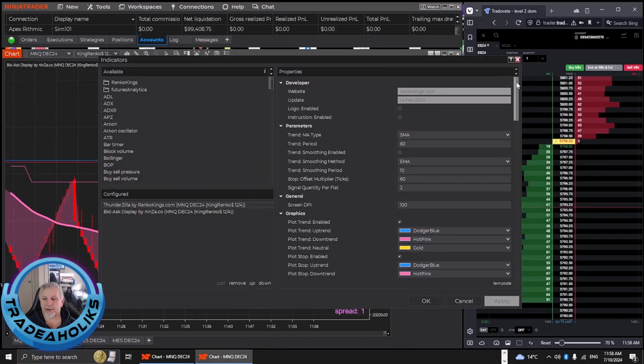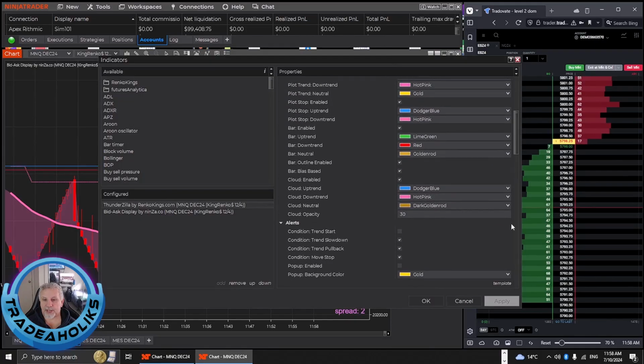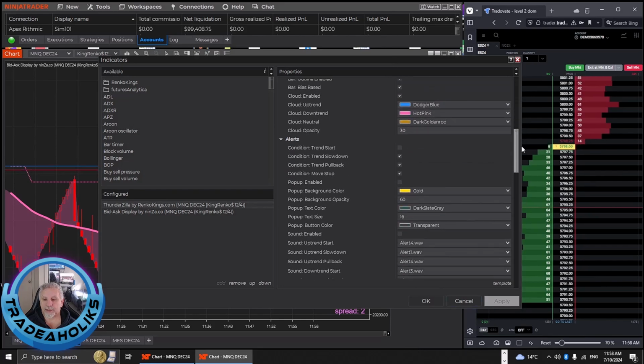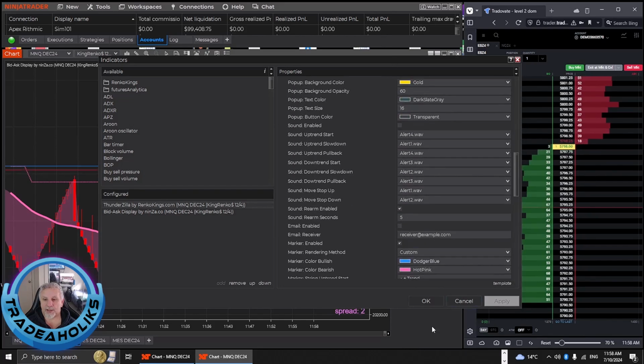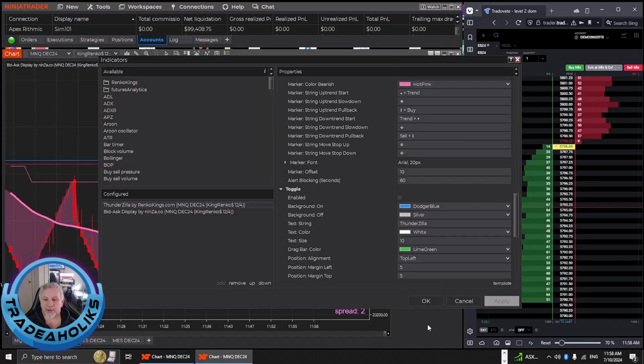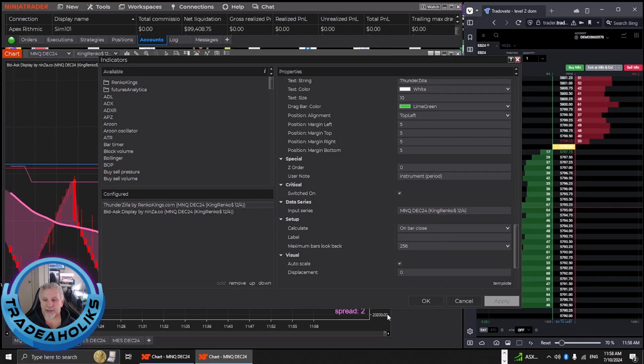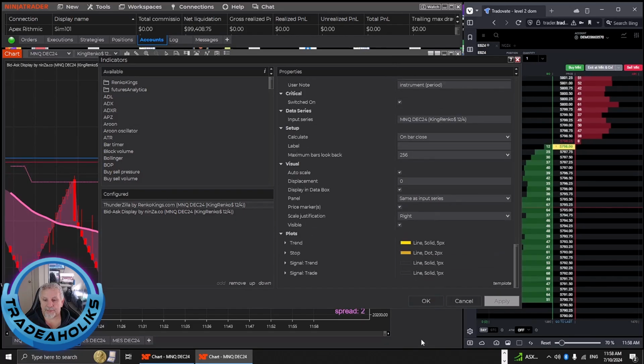We'll go down to the hot pink there, so you can take screenshots if you need to. There's my settings for that. Take a screenshot there. Let's go to the gold there. There's the settings for that. Take a screenshot. Let's go to the hot pink. Take a screenshot there. There's my settings. And take a screenshot there, and then take a screenshot there. So that's the settings that I use for Thunderzilla.